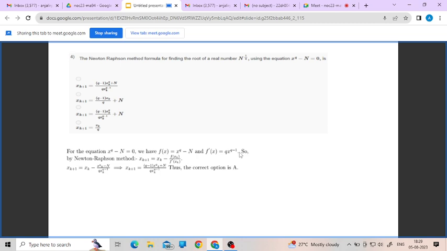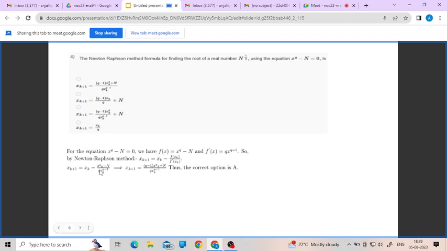You will get xk power q minus n upon q times xk power q minus 1. Now multiply this denominator term over here, so we'll get q times xk power q. Now taking xk power q common, we'll get q minus 1 times xk power q plus n upon q times xk power q minus 1.